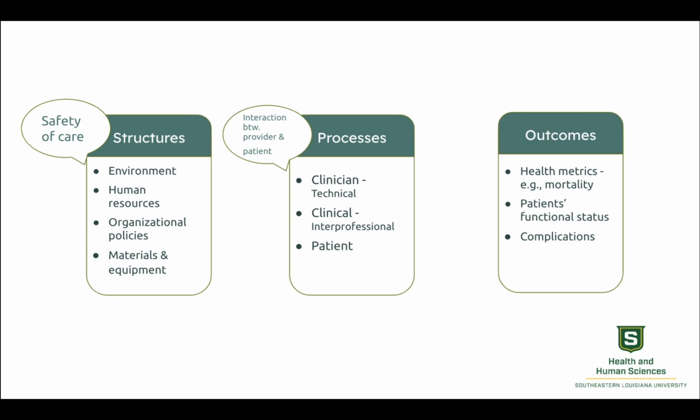I'm not getting any pleasure from living or from my day-to-day activities. So we want to understand that, and of course, the complications that come as a result. Outcome is basically what happens to the patient.